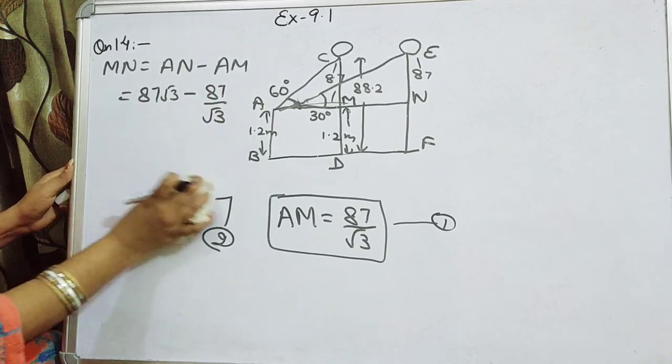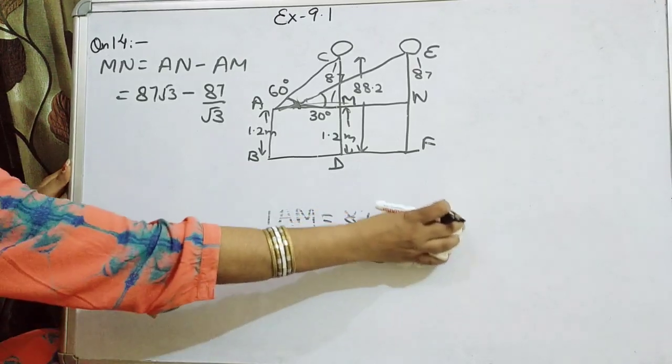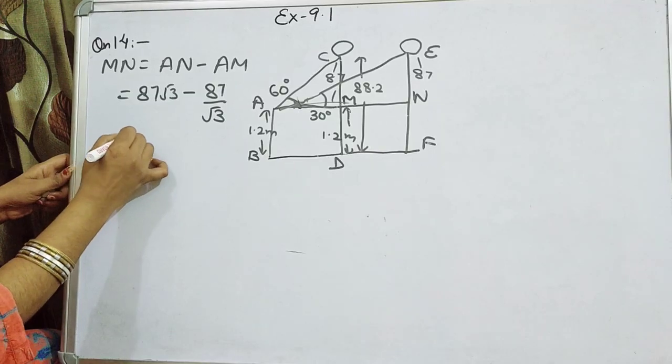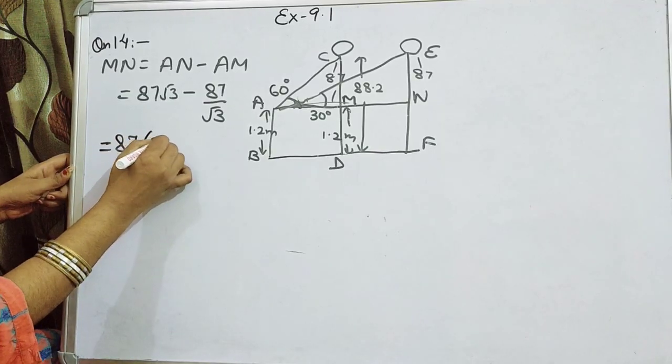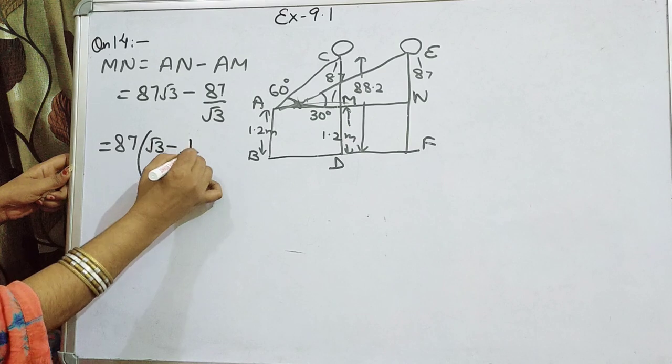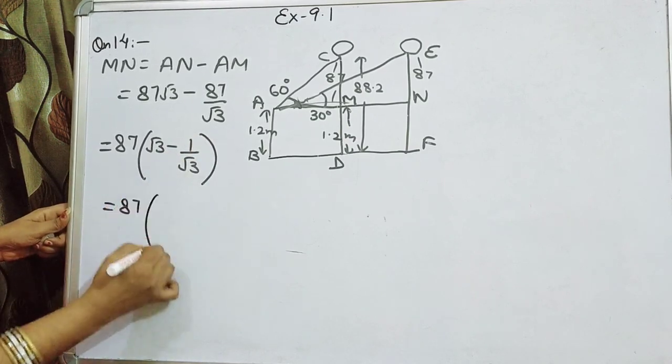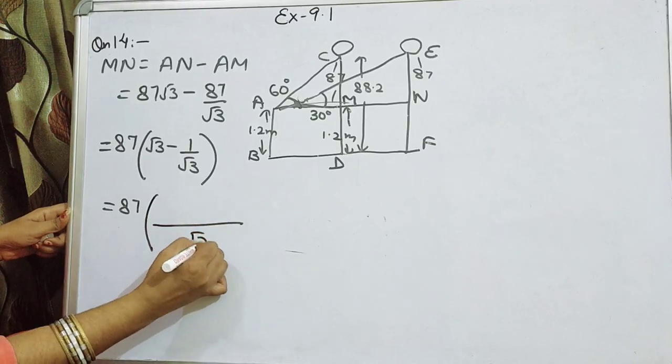Before taking the LCM, you can see that there is a common value here, and what is it? The common value is 87, and inside the bracket you get root 3 minus 1 upon root 3. Now you can take the LCM, and the LCM will be root 3.